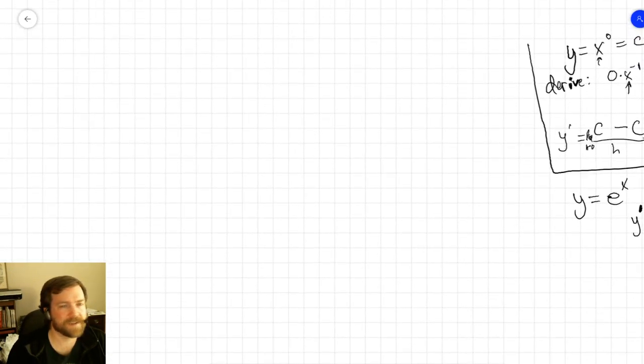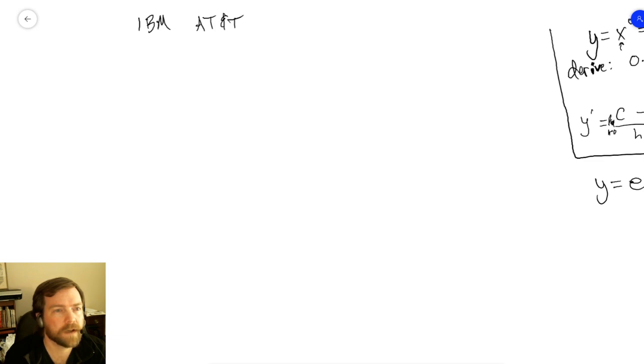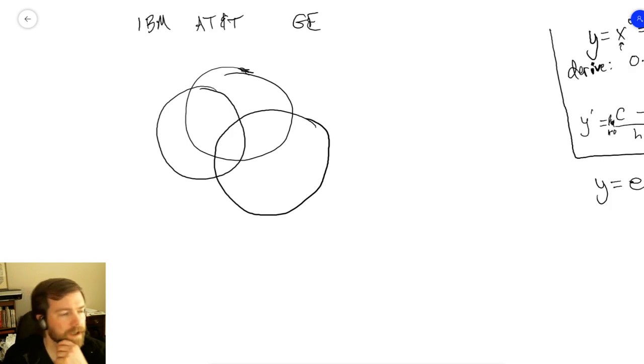All right, let's do the stats. All right, so you've got IBM, AT&T, and GE. You have the potential to own stock in just one, or two, or all three, and just put them in overlapping areas.